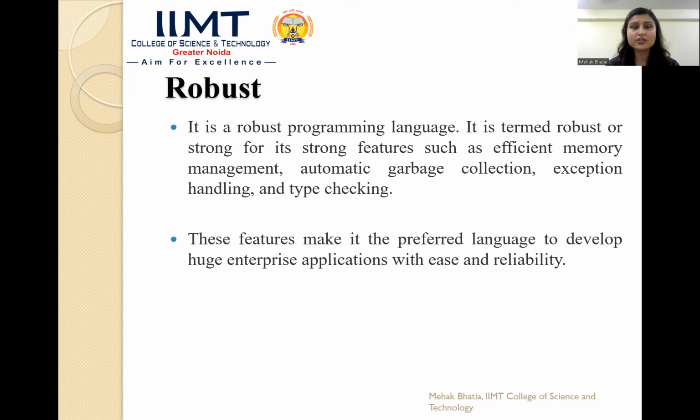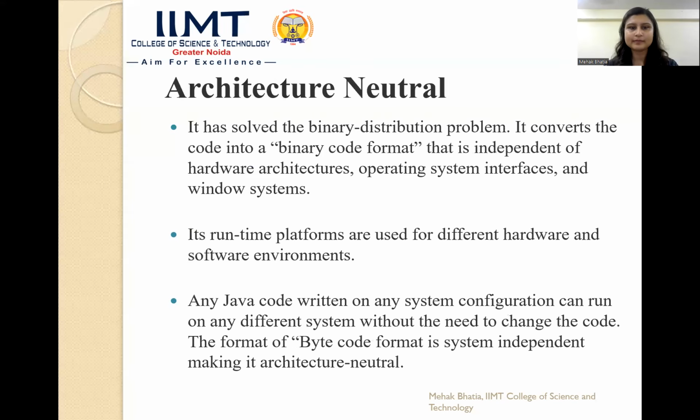The strong features of Java, such as efficient memory management, automatic garbage collection, exception handling, and type checking, make Java a robust language. These features make it the preferred language to develop huge enterprise applications with ease and reliability.